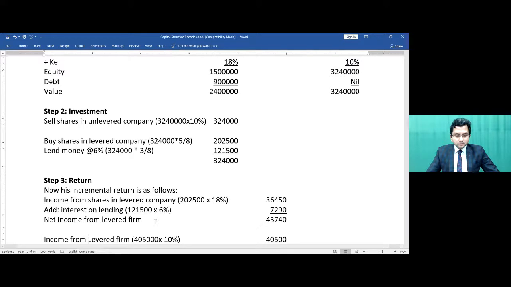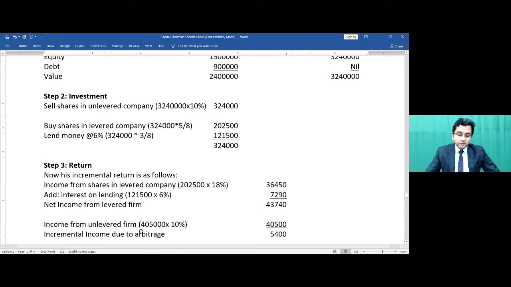My income from unlevered firm was like this. Income from unlevered firm was, my investment was 3,24,000 at the rate of 10%. So that was 32,400.